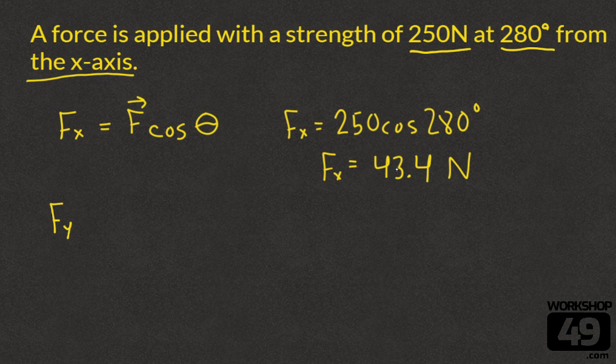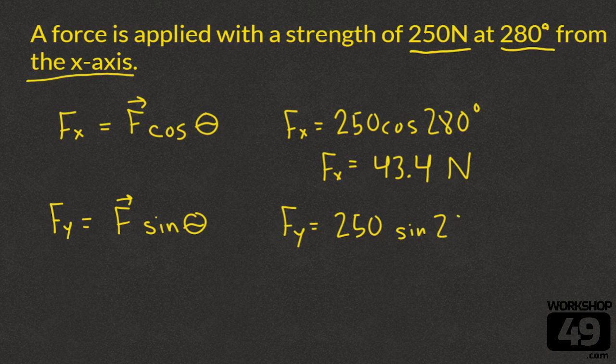The y component of our force is going to equal the magnitude of our force multiplied by sine theta. Fy is equal to 250 sine 280 degrees. The y component of our force is equal to negative 246.2 newtons, which means it's going to be pushing down.